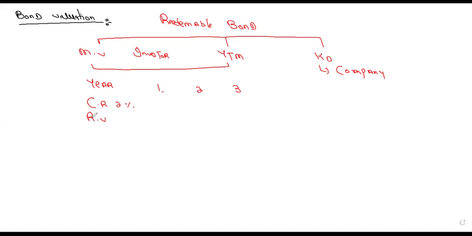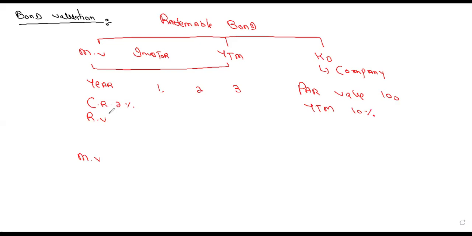So let us assume that, guys, in this given example, the par value of the bond is 100 and examiner has provided you the YTM as 10%. Now the requirement is examiner is requiring from you compute the market value of the bond.